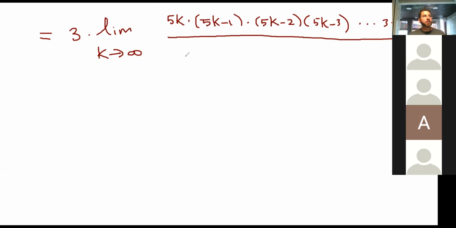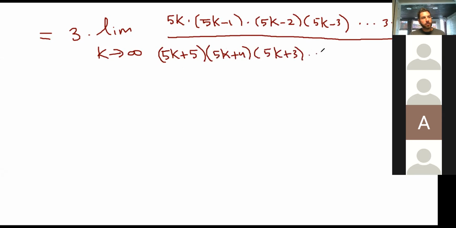And then the denominator, if you remember, is 5k plus 5 factorial. So you have 5k plus 5 times, who comes before that? 5k plus 4. Who comes before that? 5k plus 3.